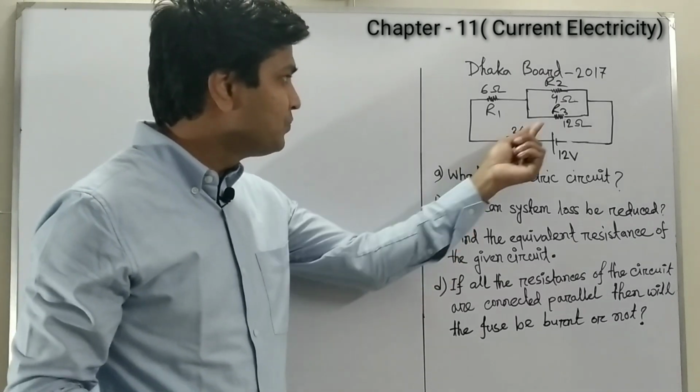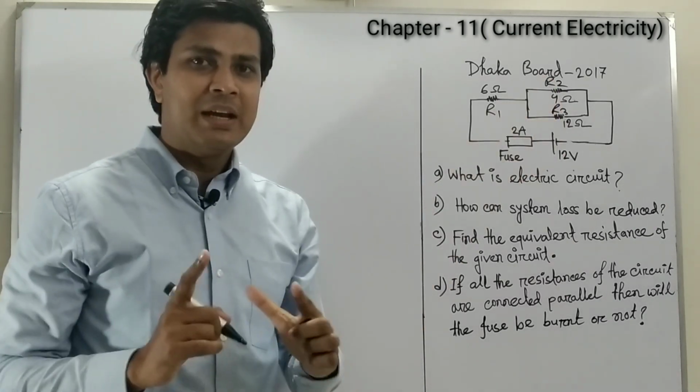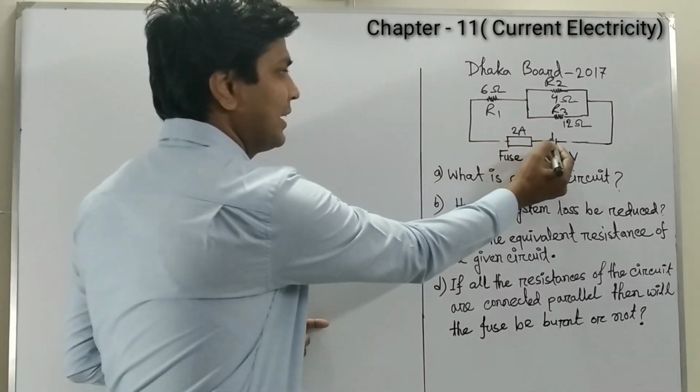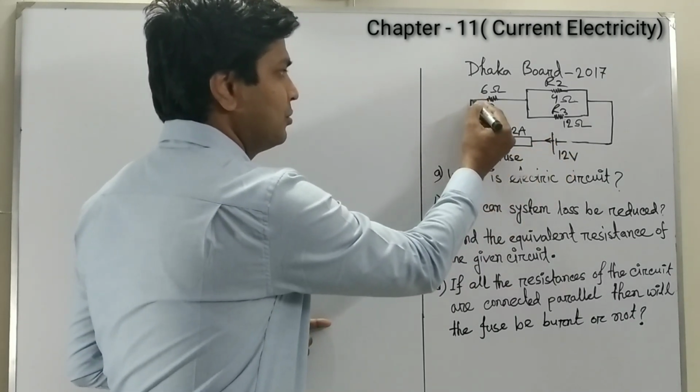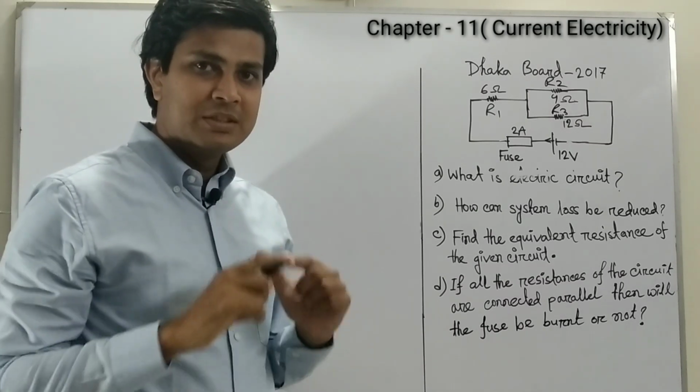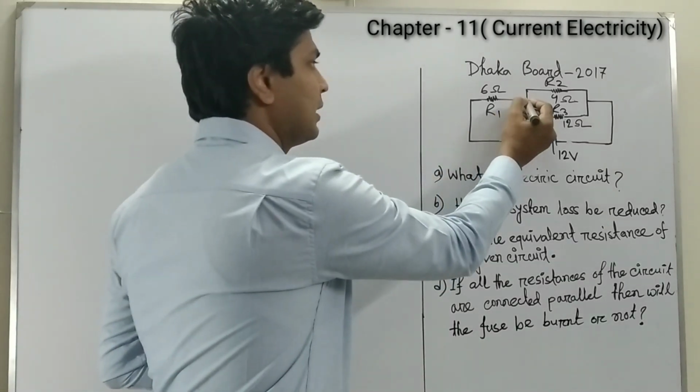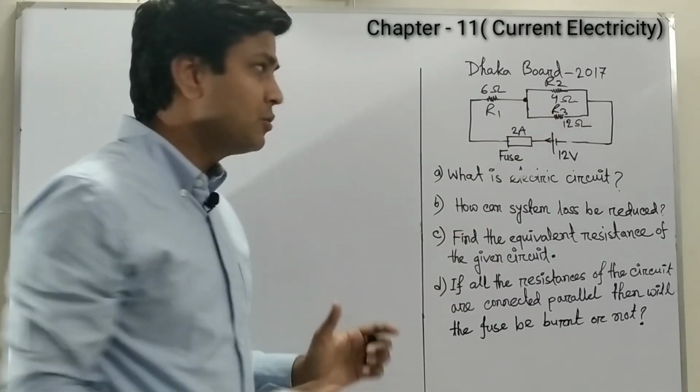You can see here R2 and R3 are in parallel, because when the current starts to flow from the source and passes through R1, at that point it will get two ways to flow.